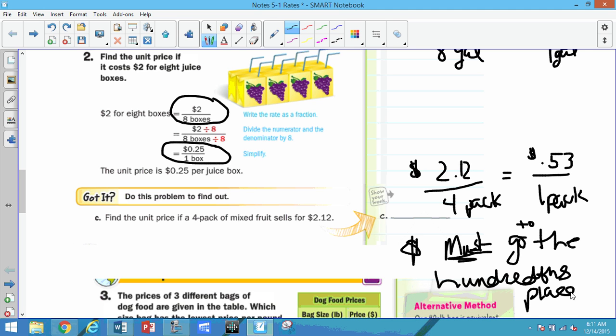Because the hundredths place, right here, is your cent. You can keep it a solid dollar, but if you're going to include change, you couldn't put like 2.1 and leave it blank. You would need to put a 0 in for that empty space, or it's going to be wrong. You're going to lose some points because that's not numerically correct when we're talking about our money system. So you need to round to the hundredths or to the nearest cent.